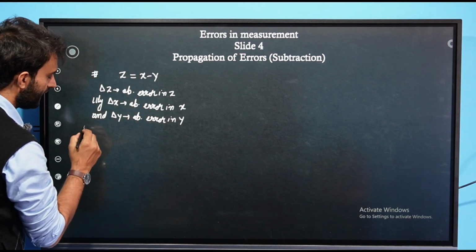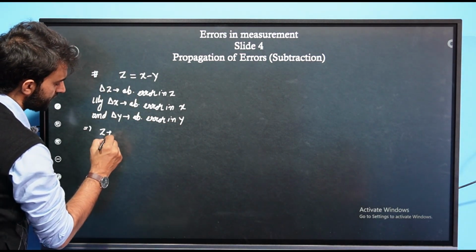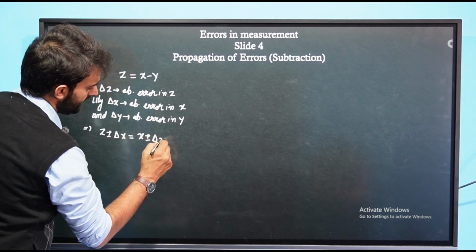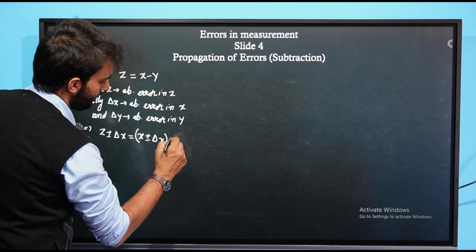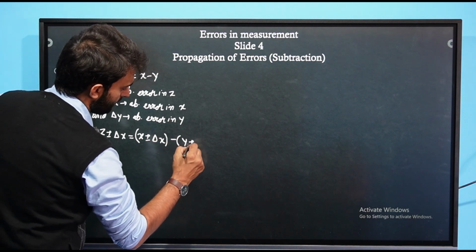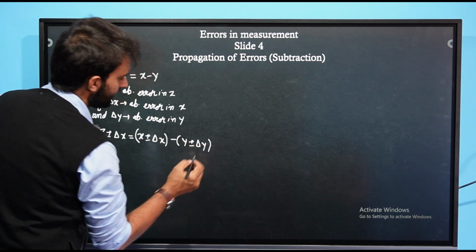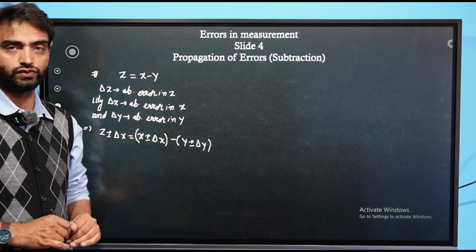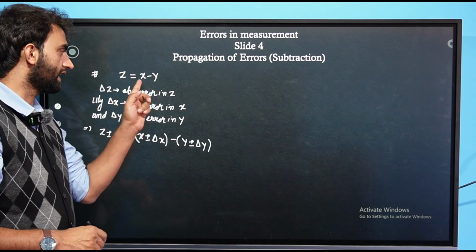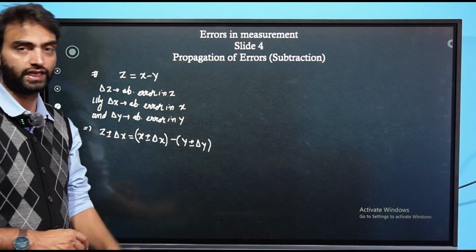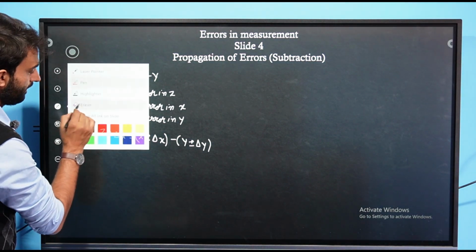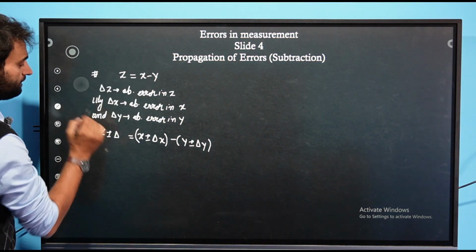So then can I write it as z plus minus delta z is equal to x plus minus delta x, and then minus y plus minus delta y. You can see earlier this x and y were being added and we had a positive sign over here, and now in this case x and y are being subtracted and we have got a negative sign over here. Okay, sorry for this, so this actually is z here.